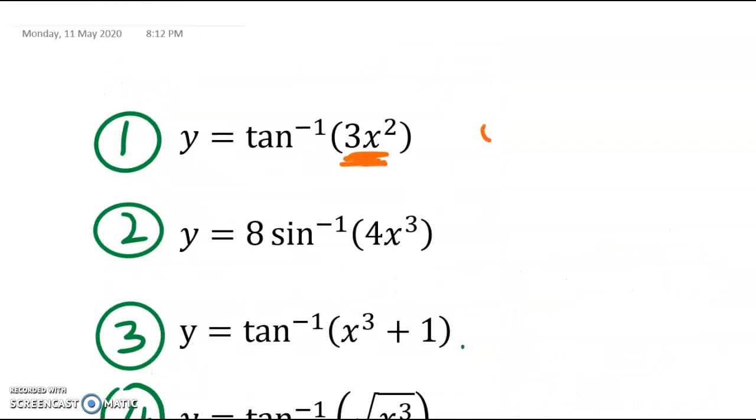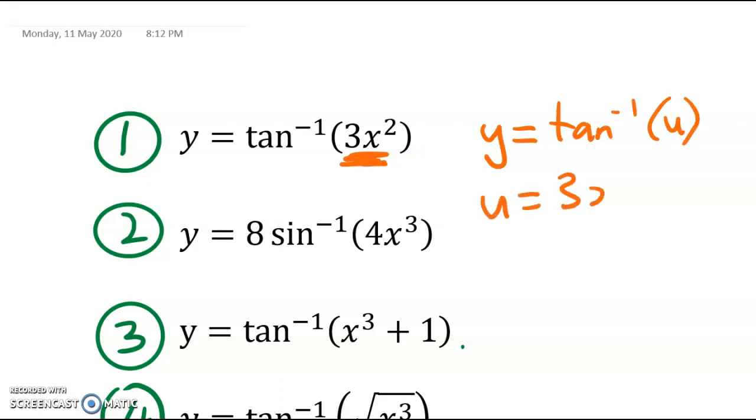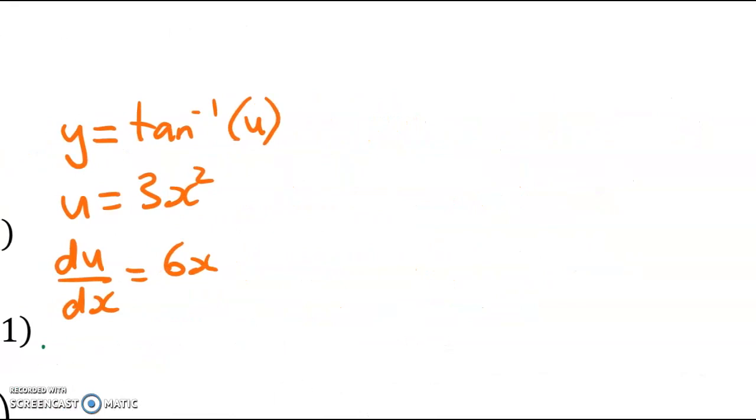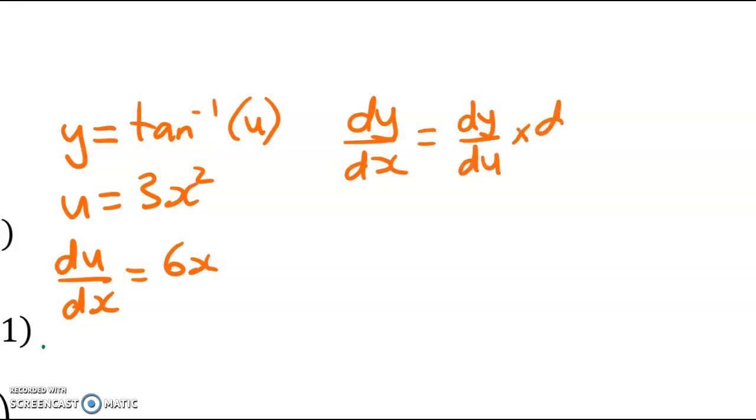Okay, so now let's go back to the first one and have a look at what we're going to do. We're going to rewrite it as y equals tan inverse of u, and we'll let u equal 3x squared. So du by dx is equal to 6x. So dy by dx is equal to dy by du times du by dx, which is equal to 1 over 1 plus u squared.